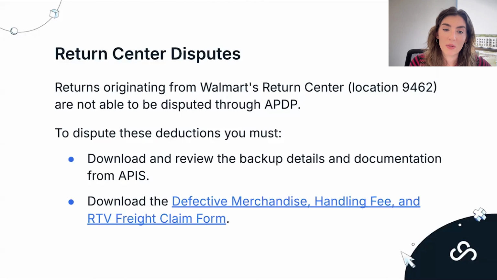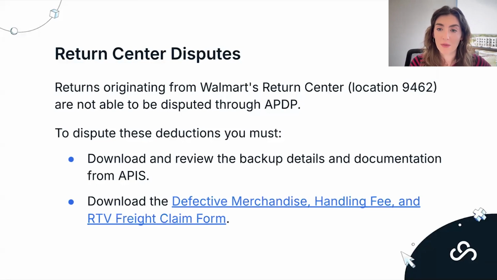You have to download all those reports and backup details, your documentation, and fill out a defective merchandise handling fee and RTV freight claim form. If you're not familiar with that, we do have a whole webinar on returns, but it's important to talk through how you can make that data actionable and the steps you can take.